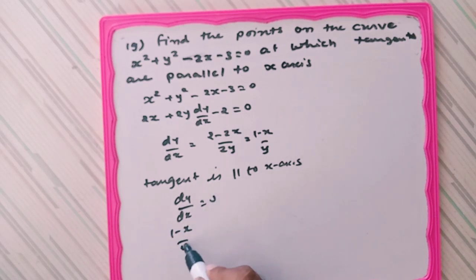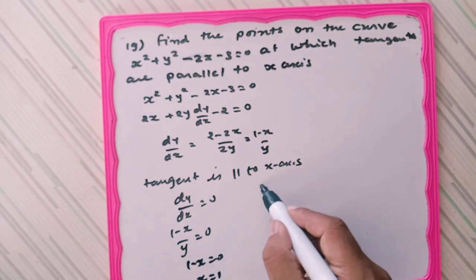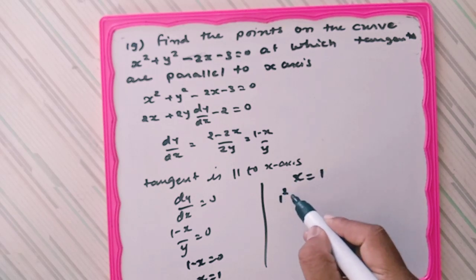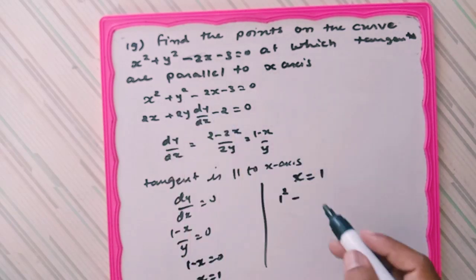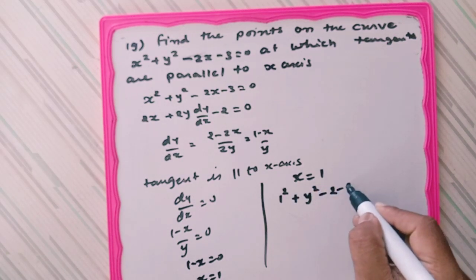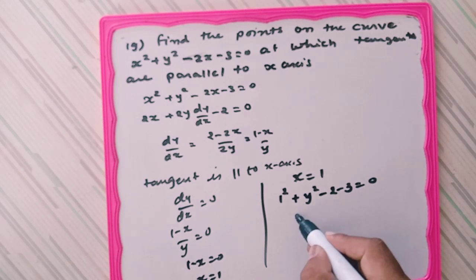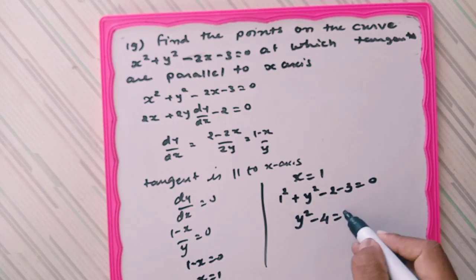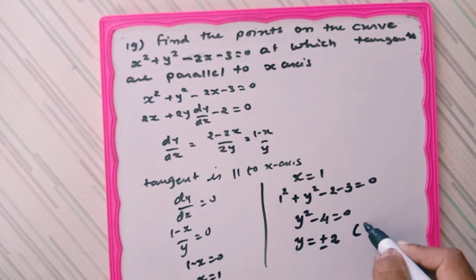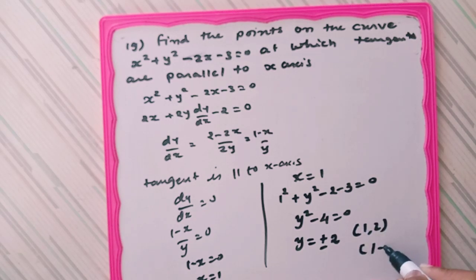So (1 minus x) upon y equals 0, so 1 minus x equals 0, so x equals 1. Substituting x equals 1 in the given equation, 1 squared plus y squared minus 2 minus 3 equals 0. So y squared minus 4 equals 0, so y equals plus or minus 2, and so the required points are (1, 2) and (1, minus 2).